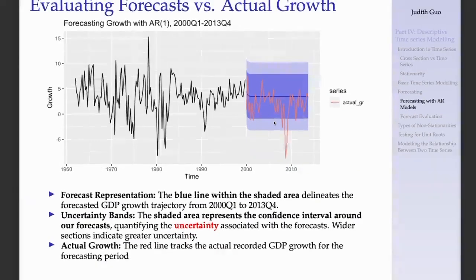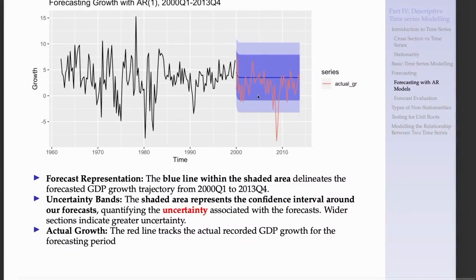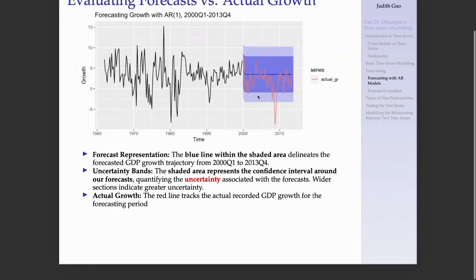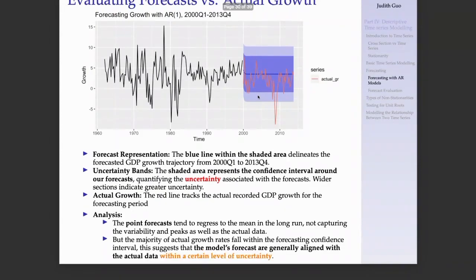So we can see that the point estimate, essentially the values given by the blue line, doesn't really capture well the actual series. Basically, the blue line is just regressing back to the long-run mean value. Now, another thing we have to take into account is that there are uncertainties associated with our forecasts.